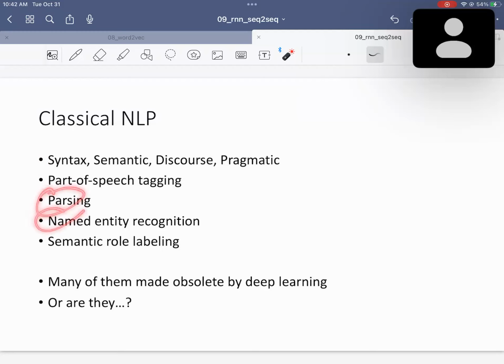ChatGPT can do this automatically. You can just ask, given this sentence, what are the part of speech tags in the sentence? And it'll do it for you. Interestingly, the underlying working mechanism of ChatGPT doesn't involve any of this. You just pour a bunch of text into a transformer and train it, and that's it.